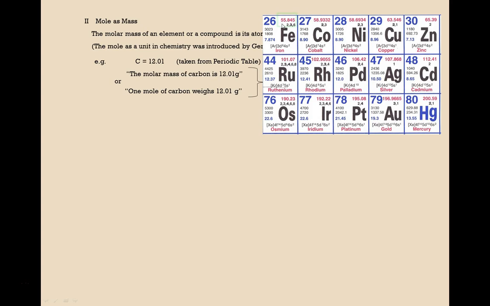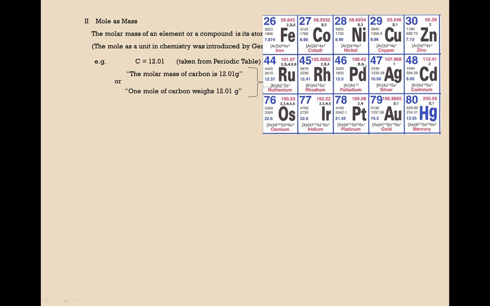If we now weigh out 55.845 grams of iron, then we will have 1 mole of iron. Similarly, if we weigh out 106.42 grams of palladium, we will have 1 mole of palladium. We can say that the molar mass of palladium is 106.42 grams.